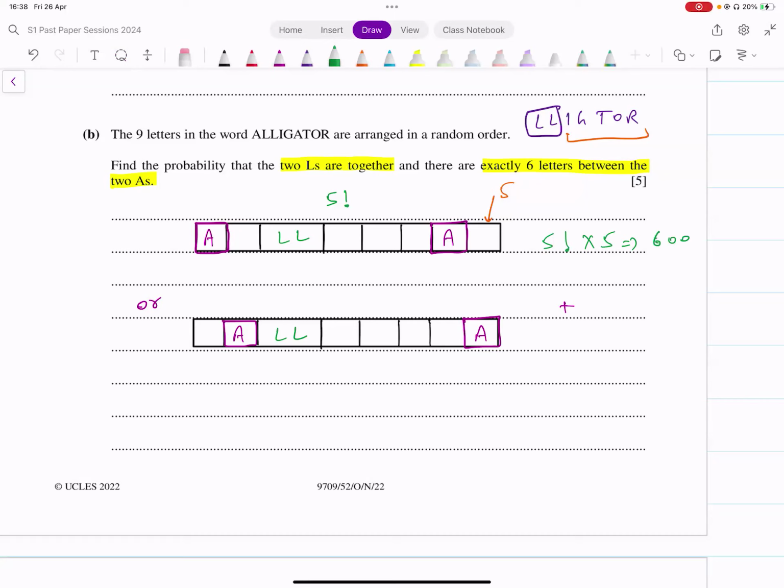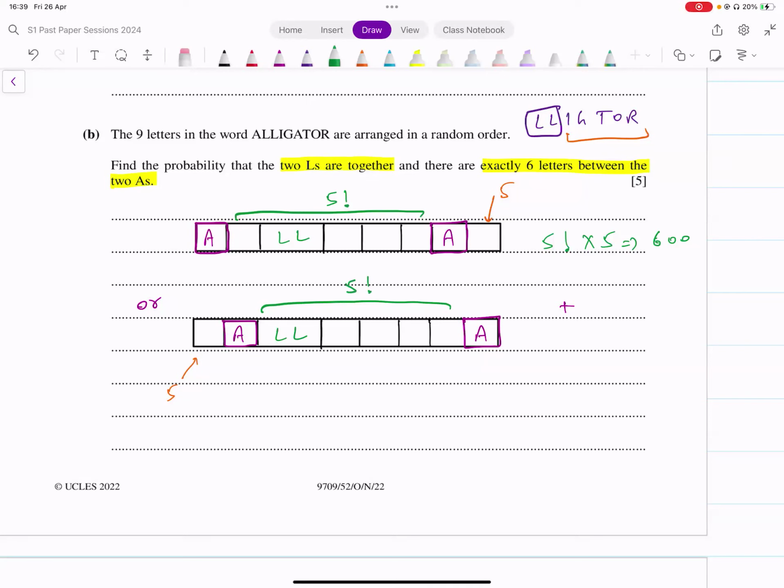And then you do exactly the same thing for the other case. In the other case as well, you've got 5 options for this box on the side. So you can say you've got 5 options here. And then what about the boxes in the middle? Just like in the previous case, there are 5 boxes here. You can arrange them in 5 factorial ways.